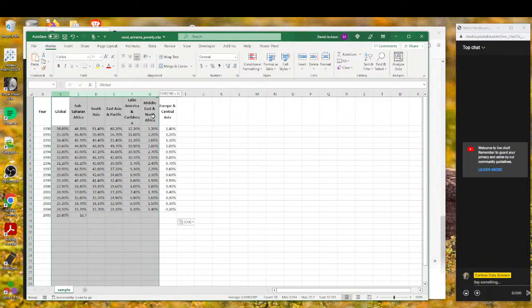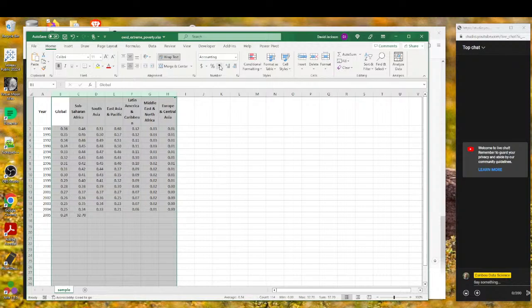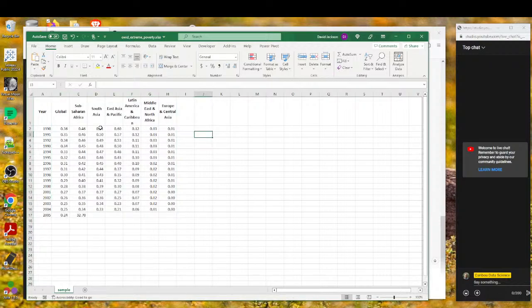let's get rid of all of the percentage of things, since we know what it is. Okay, we know it's a percent, so that's okay. No, let's not do that.